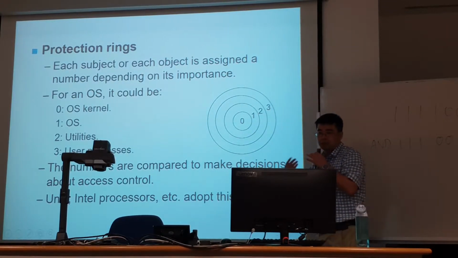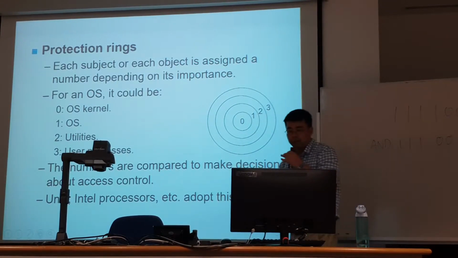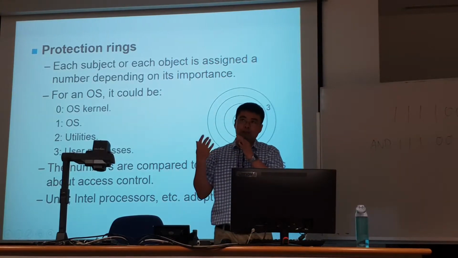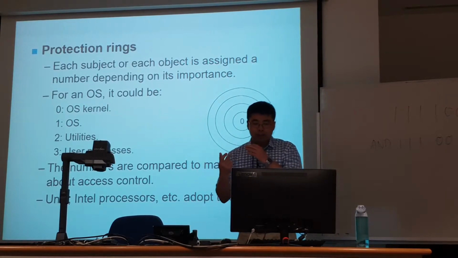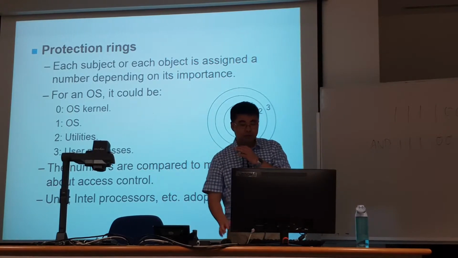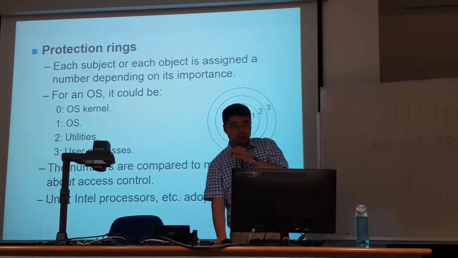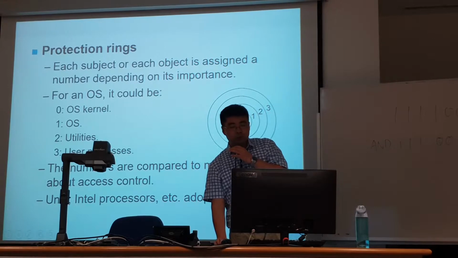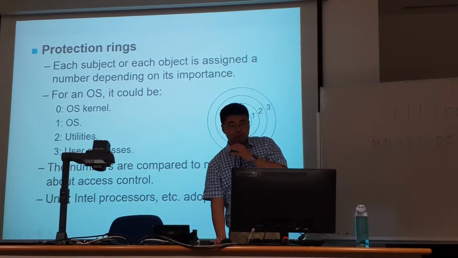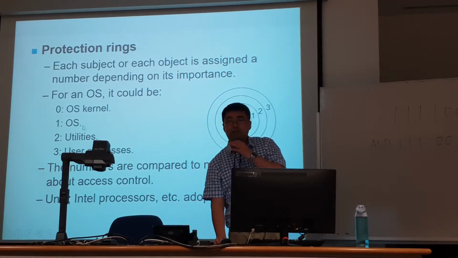So how does this protection work? It works in the following way. When the user wants to access some critical resource, the user is not allowed to directly access the resource. What the user needs to do is, in the user program, call a utility function. Then the utility function will be invoked, and it will call the OS function.